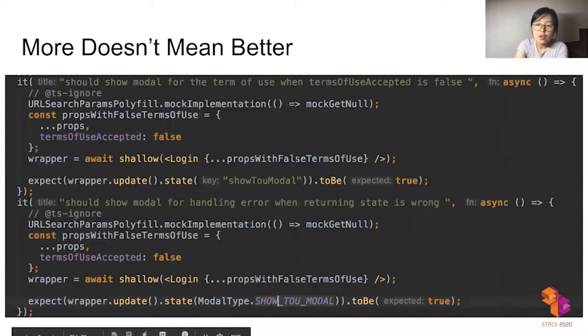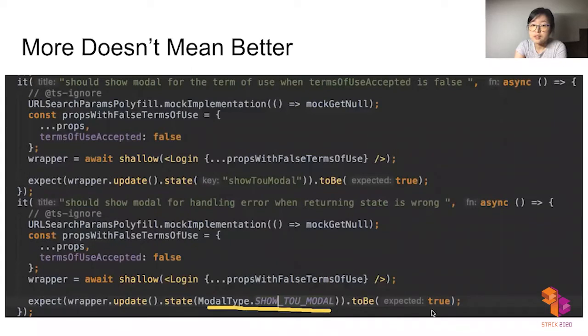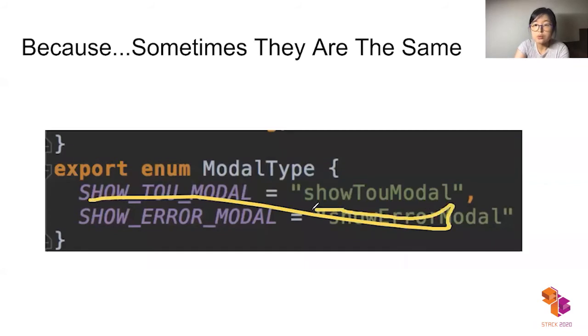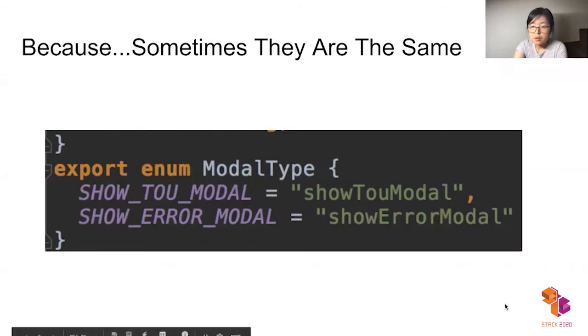Okay, so maybe let's explore a little more on what this variable is actually encoding. So we see here, show TOU model equals show TOU model. Okay, now let's go back.